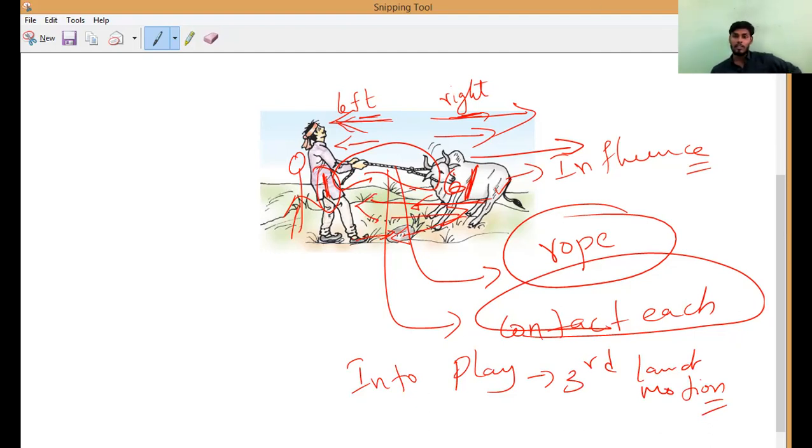So we can say Newton's third law of motion gives the relation between, it describes the relationship between forces that come into play when two bodies interact with one another.